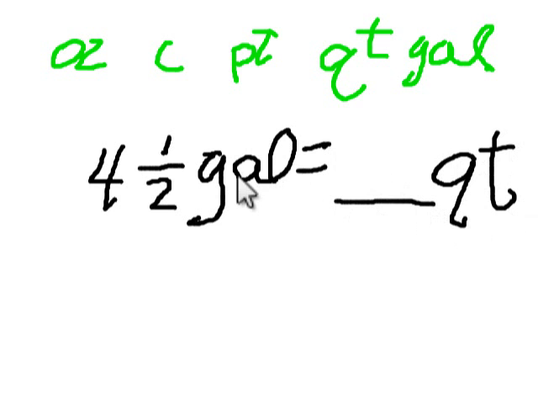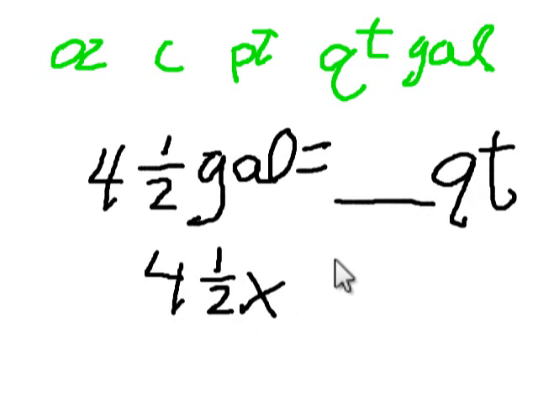So gallons are bigger than quarts, so we have to multiply because it's going to take more quarts. We have to multiply the number that we're given, 4.5, times the number of quarts in a gallon. So that magic number for quarts and gallons is 4. Now you have to remember how to multiply a whole number times a mixed number.